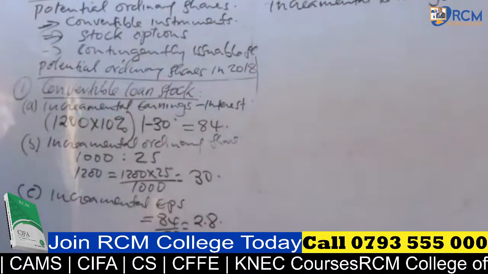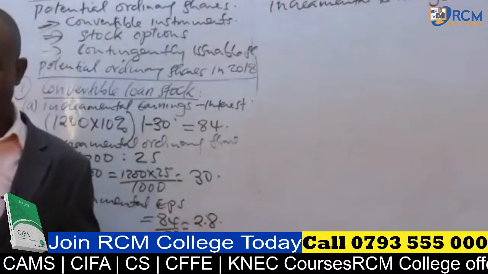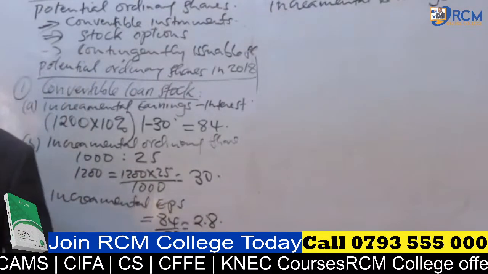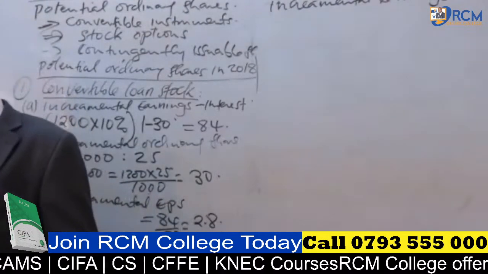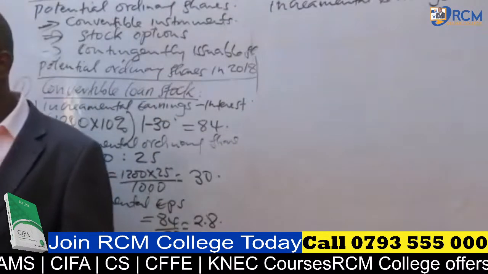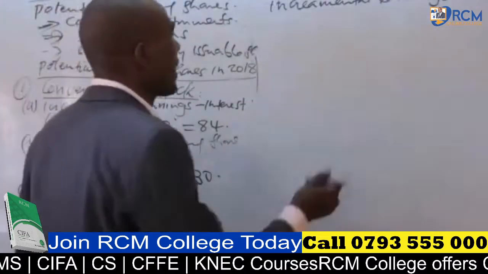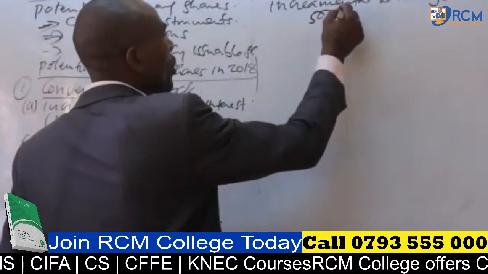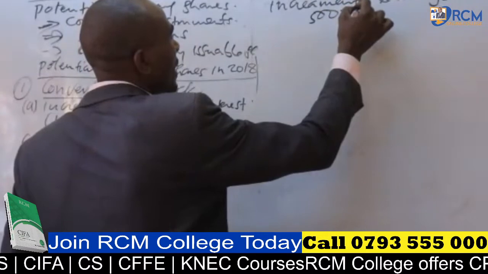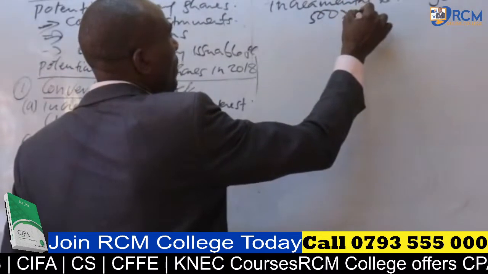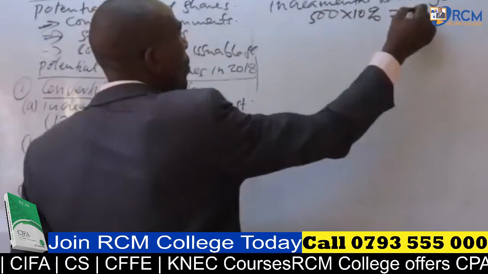Incremental earnings on preference shares. What we are going to save on conversion, John Barasa, you are saying 50. Thank you very much. Caro, you are saying 50. Therefore, it is 500, because we did not convert anything, 500 times 10%. Therefore, equals 50.